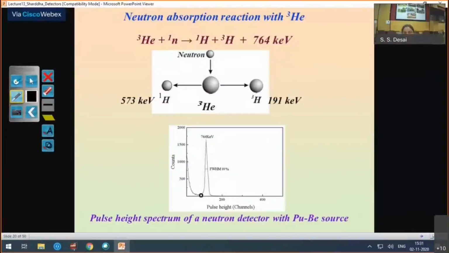This is one of the basic requirements: your detector should give a very good pulse height distribution. It means it has been prepared well.